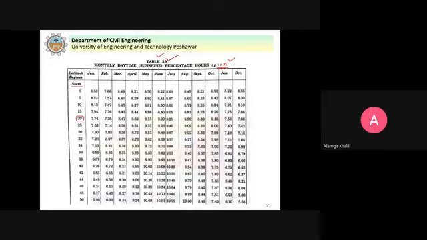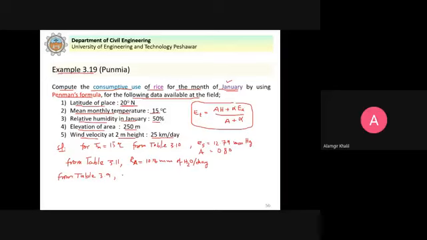For the month of January, this is the value of small n, 7.74. So we have this small n, that is taken as equal to P.